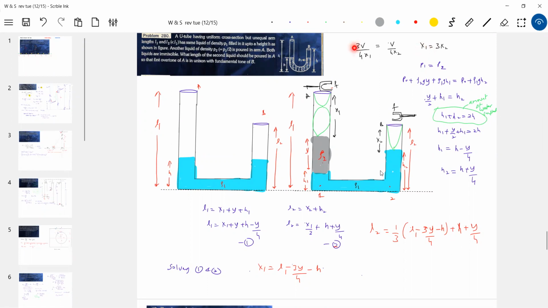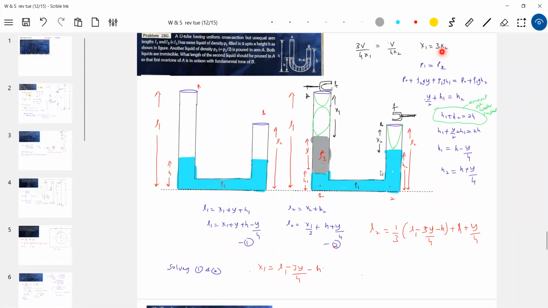If I make it second resonance, first overtone. That relation only, sir. I substituted the y value and we are not able to get anything. Whatever we do, we'll get x1 equal to some constant into x2. That thing we are not getting. The answer is wrong, sir.